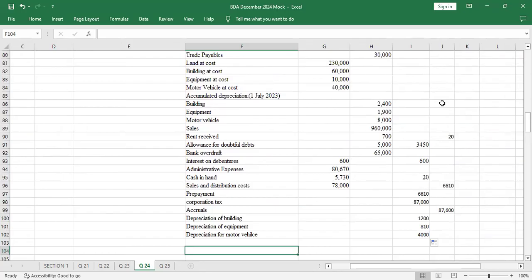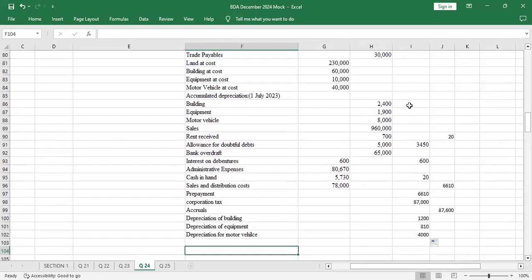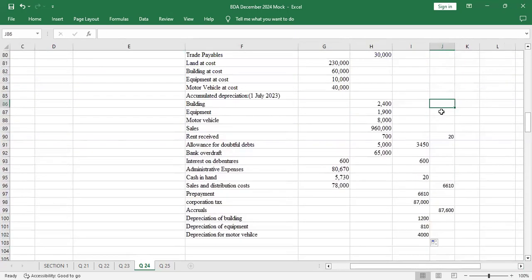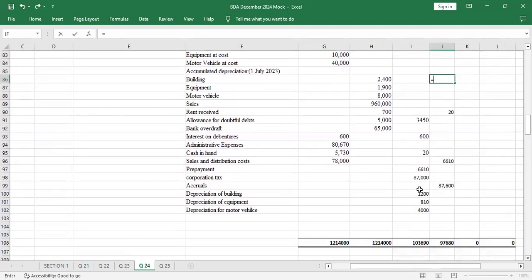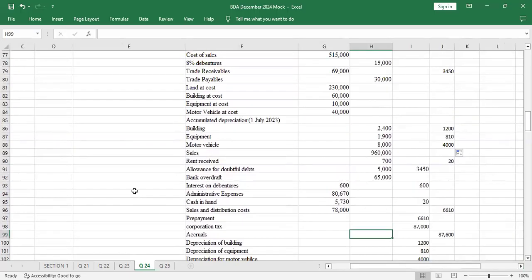So you go to accumulated depreciation building. So you start with the building. How much was the amount? So the amount was 1200. So that 1200, you just drag for equipment and for motor vehicle. So it will adjust automatically. So that's the double entry for depreciation.